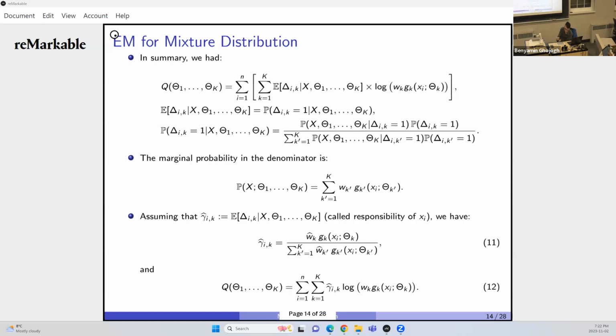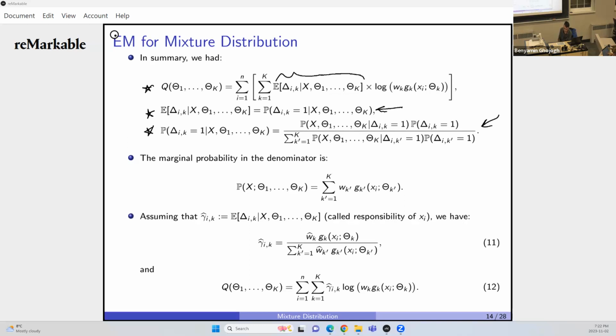So I'm repeating it. In summary, we have these three. Q was the expected log likelihood, right? And the expectation inside the Q was simplified to this probability, and this probability, according to the Bayes rule, became this, right?